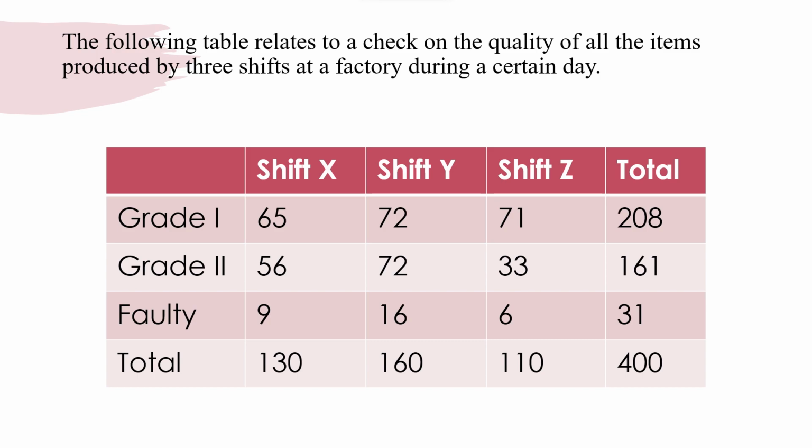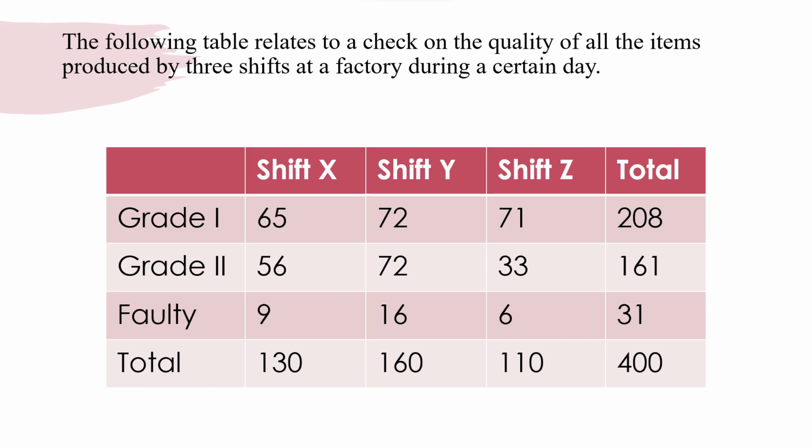When you look at the last column, the total column, in the grade 1 row, we find that there are 208 grade 1 items produced by all three shifts, that is shift X, shift Y, and shift Z. Similarly, there were 161 grade 2 items produced by shifts X, Y, and Z. And of course, the total faulty items produced by shifts X, Y, and Z are 31.